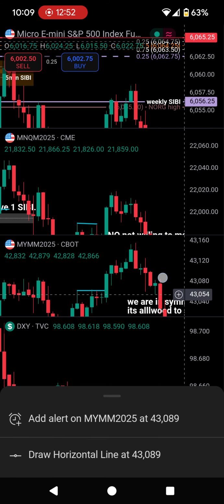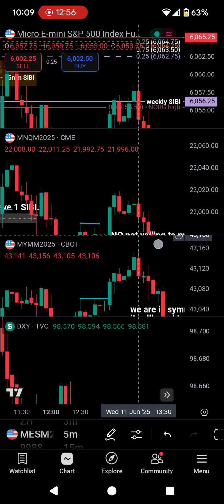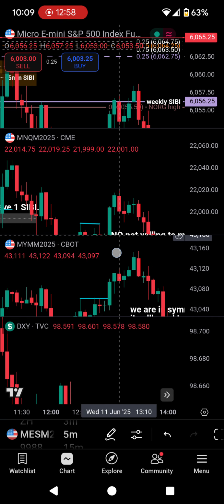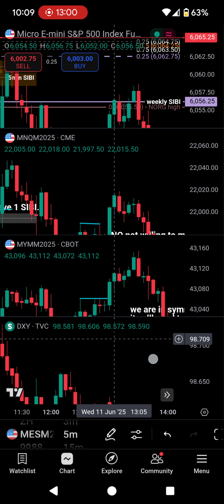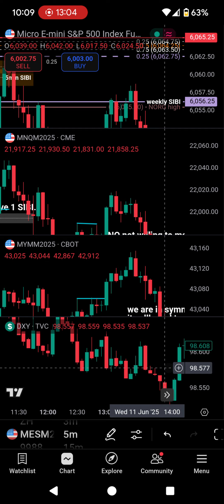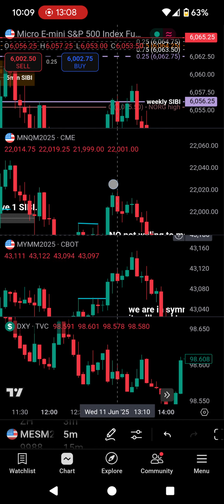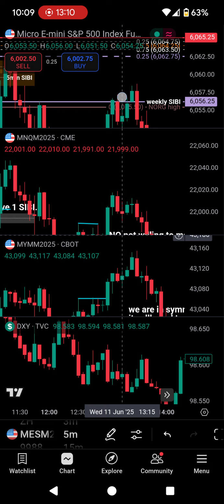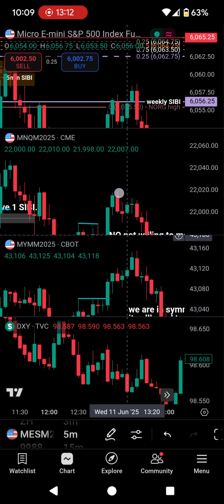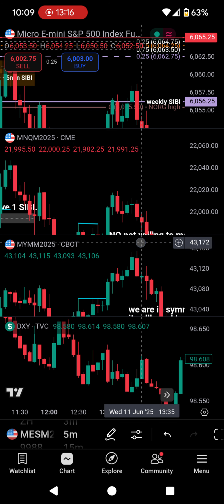When Dow forms a higher high, so once again we have SMT here, with dollar just consolidating, so it's all good. Dow higher high, lower high, higher high. When Nasdaq here, lower high, higher high, higher high. So we got two SMT confirmations right here.